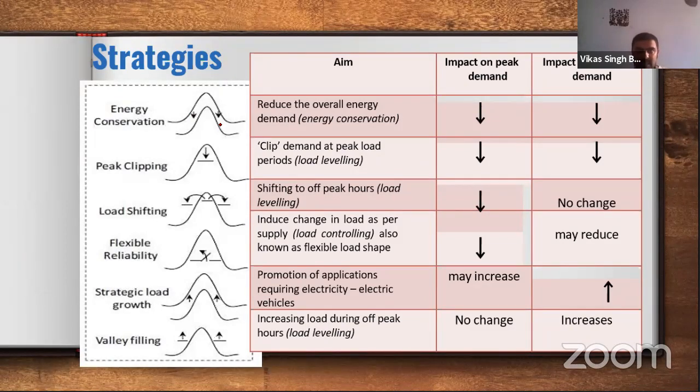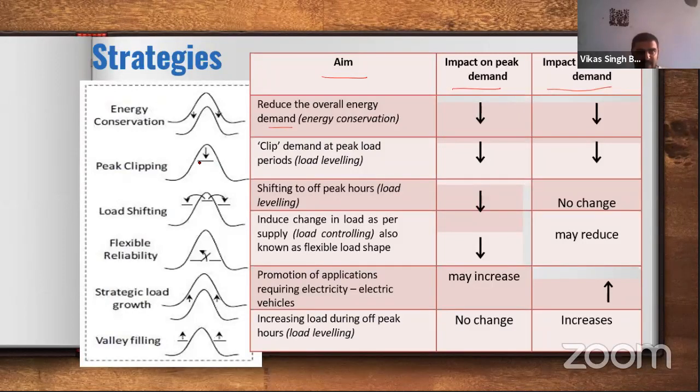What is the aim of this strategy, what is its impact on peak demand, and what is its impact on energy demand? In energy conservation, we are reducing energy, so overall energy demand is reduced, so peak will reduce and energy demand will also reduce.